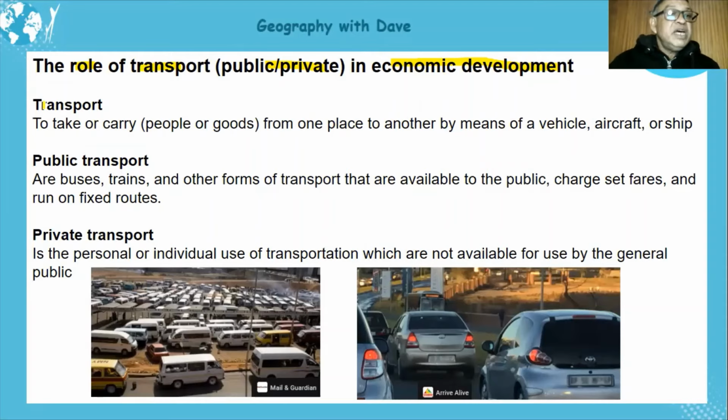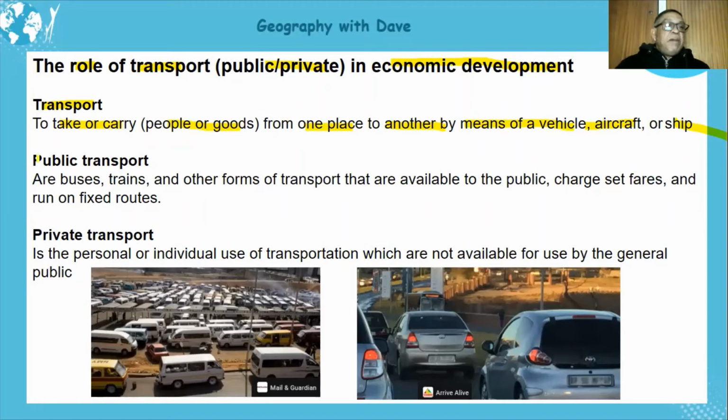And when we look at it here, transport is to take or carry people or goods from one place to another by means of vehicles, aircraft, ship. So it's carrying of goods and people, okay, that's going through. All right, so we got that.